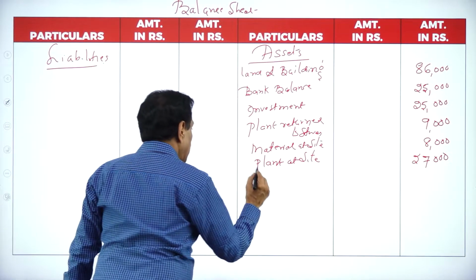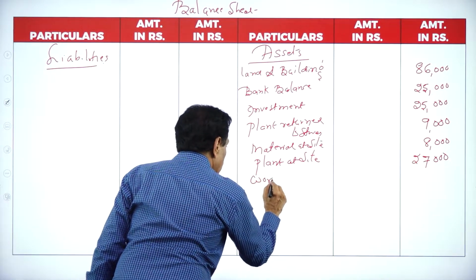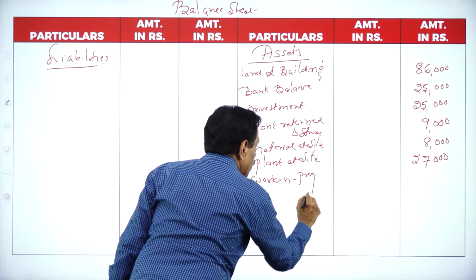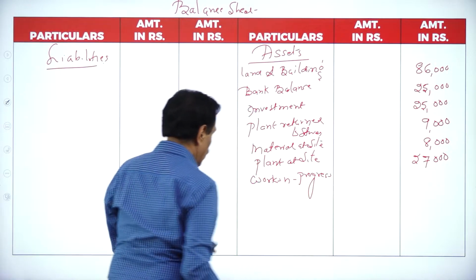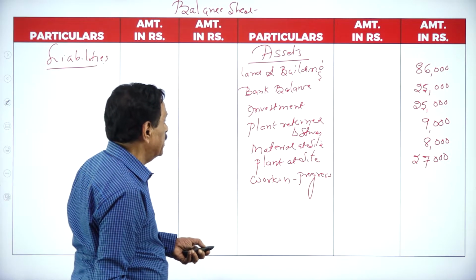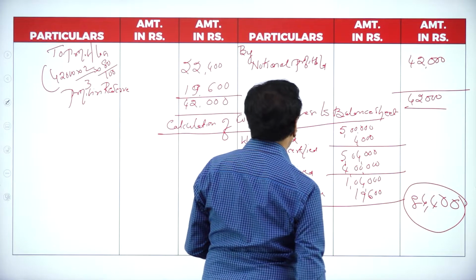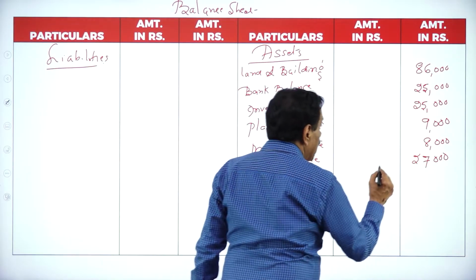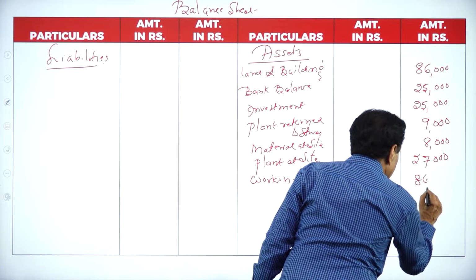Work certified, work in progress. You calculated now, work in progress here. 84,400.